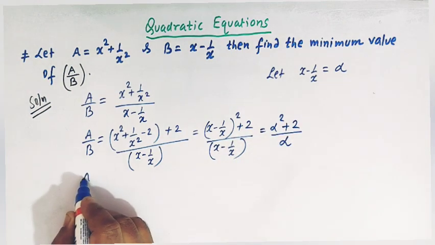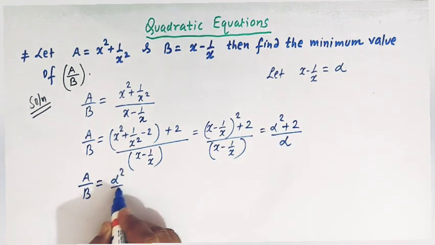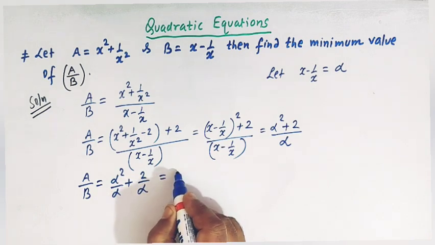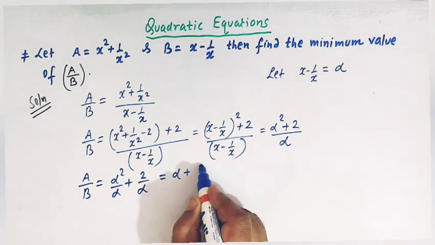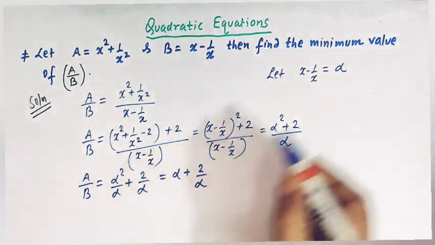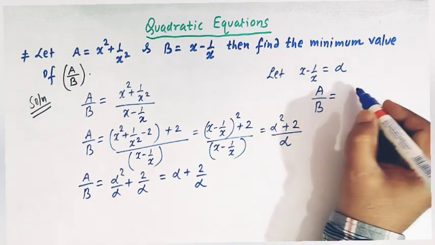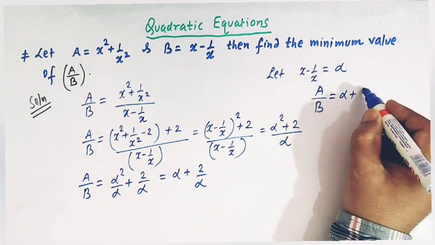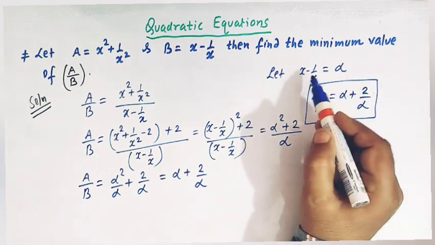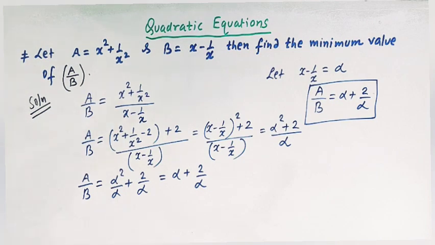So now we can write a over b as alpha square over alpha plus 2 over alpha, that is equal to alpha plus 2 over alpha. So now we have obtained a over b is equal to alpha plus 2 over alpha, where alpha is given by x minus 1 over x.